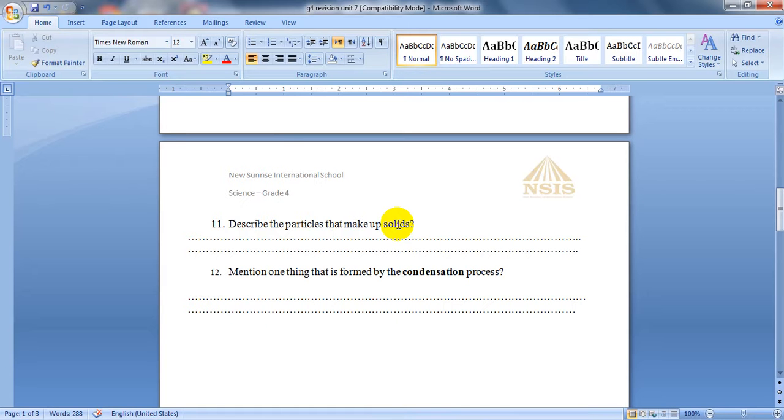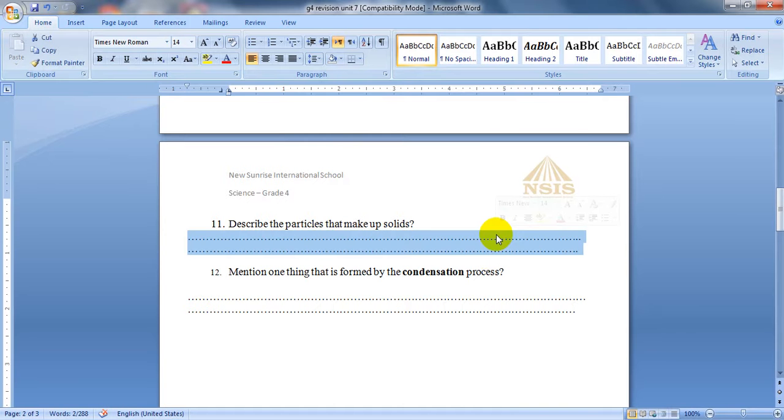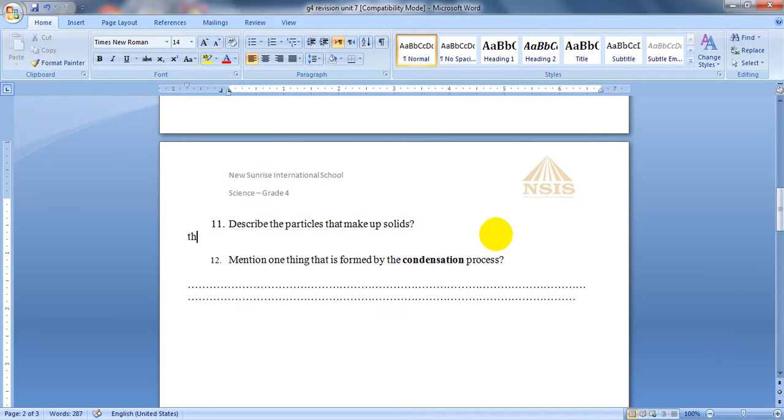So how do the particles inside any solid move, or how can we describe them? We can describe them by saying that they are so close to each other, they have vibrations, they don't move from their places.